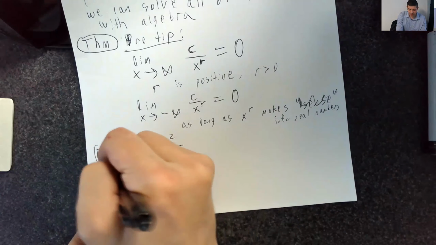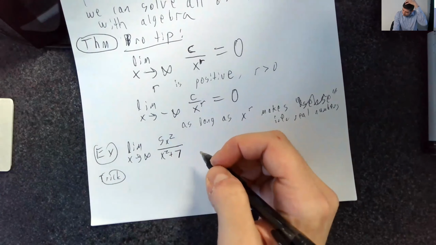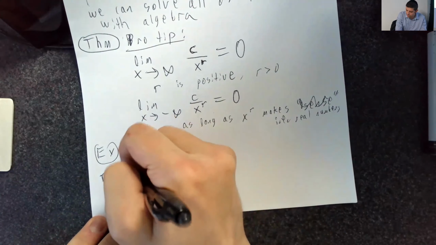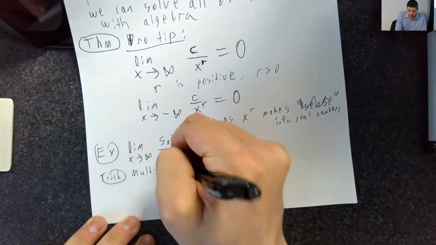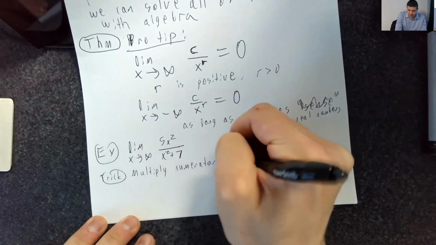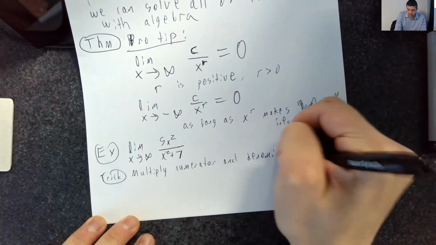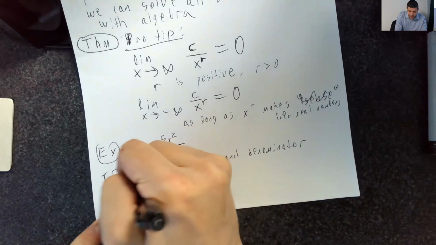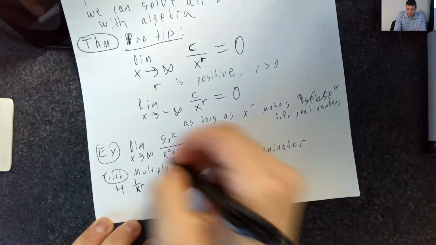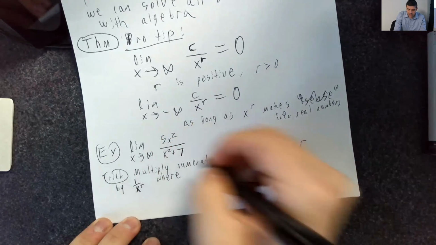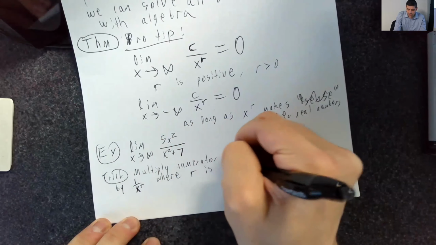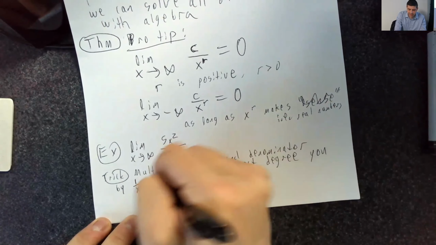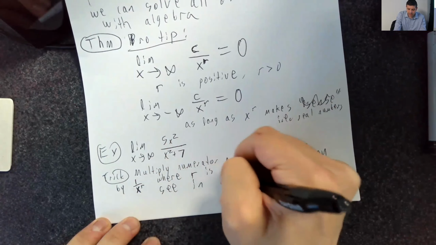So the trick is you multiply numerator and denominator by 1 over x to the r, where r is the biggest degree you see in the denominator.